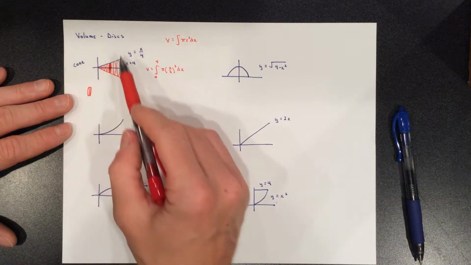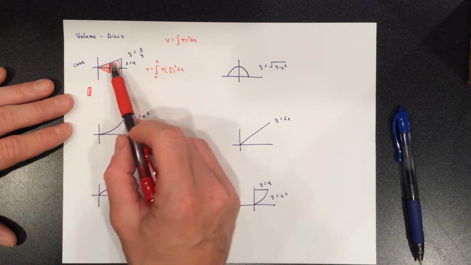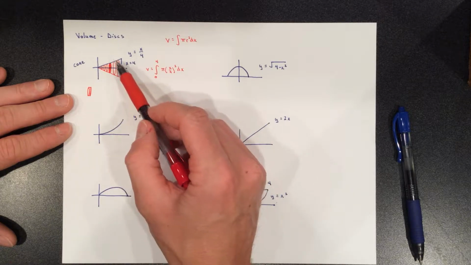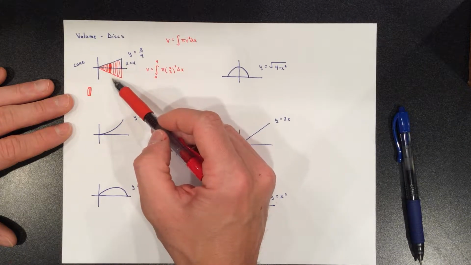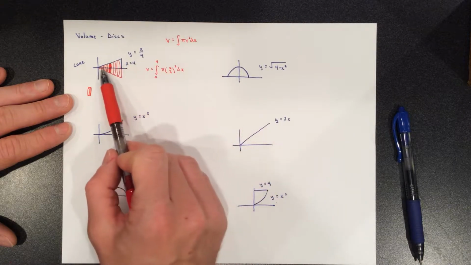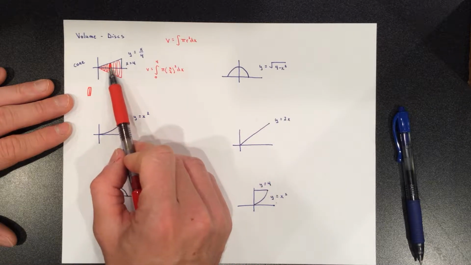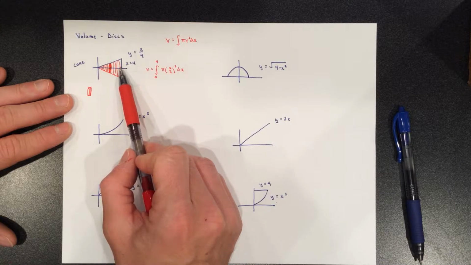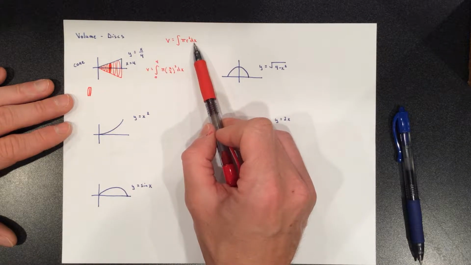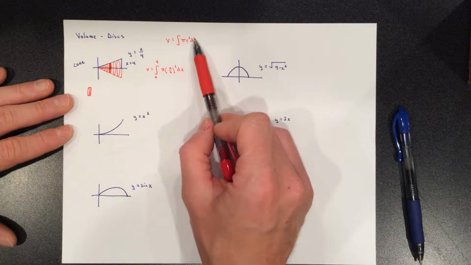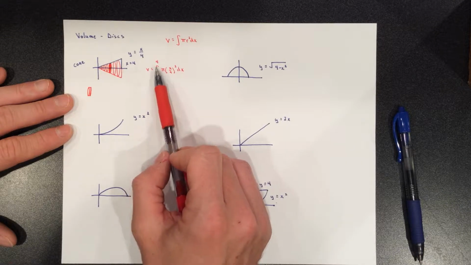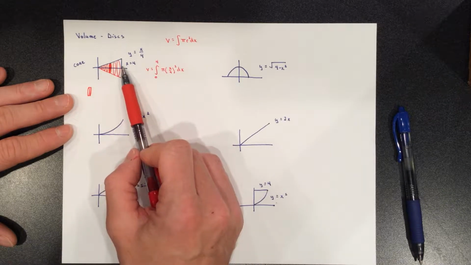You take this area and rotate it about an axis, in this case the x-axis, and that forms a three-dimensional shape. The shape here is a cone. The cone's volume is the summation of all these cylindrical disks. Each disk has a cross-sectional area of pi r squared and a thickness of dx. This is the individual volume of all the disks, and you're summing them up from 0 to 4 because that's the bounds I've chosen.